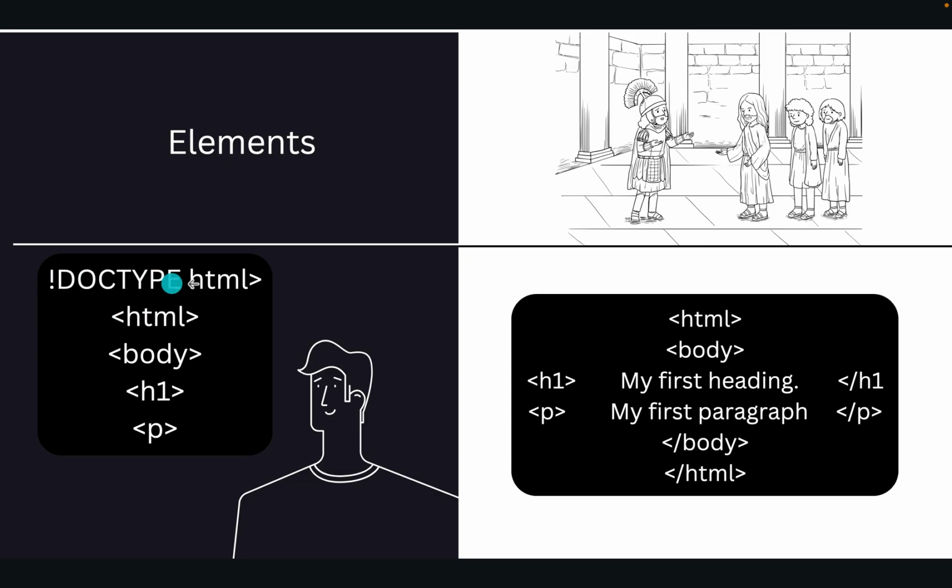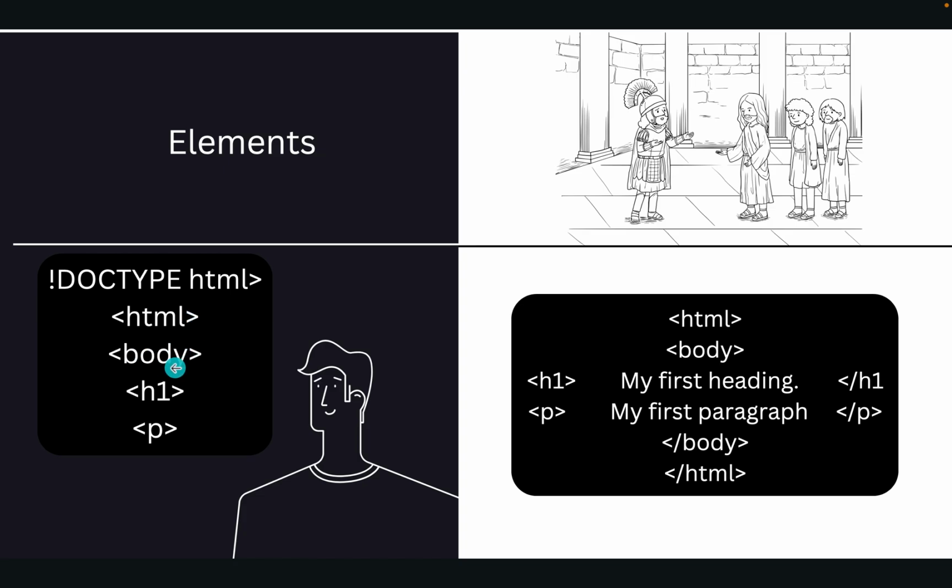Like the first one, the exclamation point doctype HTML, essentially is the most important one because every document must start with this element declaration to let the program you're using know that you're going to be doing HTML. The next one is HTML, which defines the root of an HTML document.